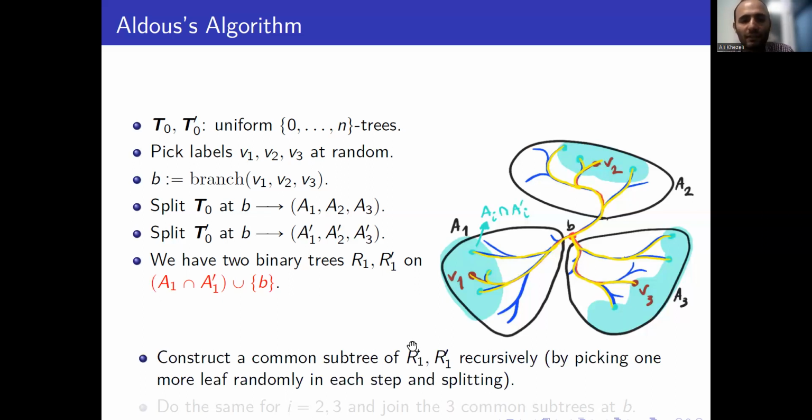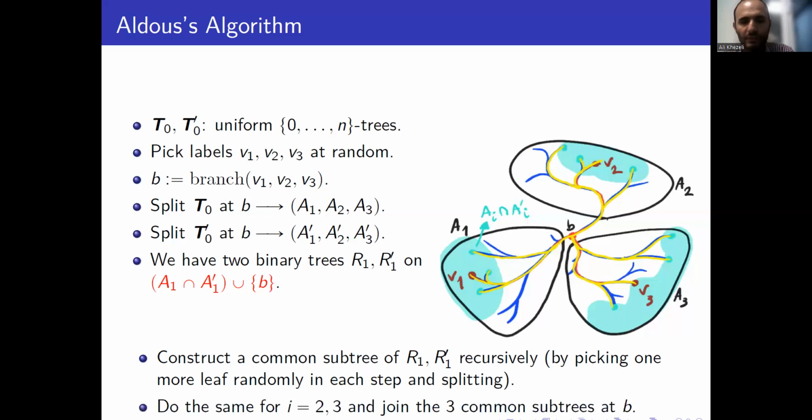So this is the idea, and we do recursion for this one. So for constructing a common subtree of R1 and R prime 1, we use the same algorithm. We should pick 3 leaves at random. But notice that we have already picked one leaf, which is V1, and there is also a natural leaf, which is B. So we need to choose one more leaf in the next step, and we continue similarly.